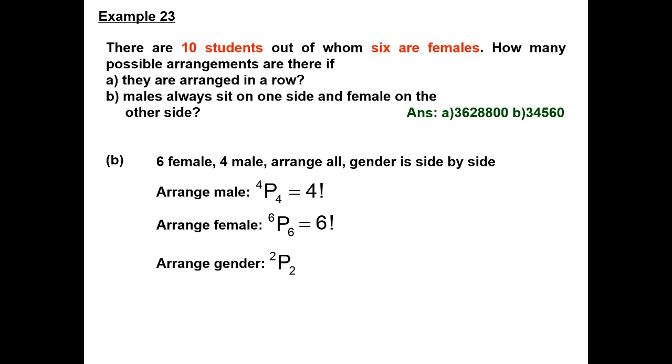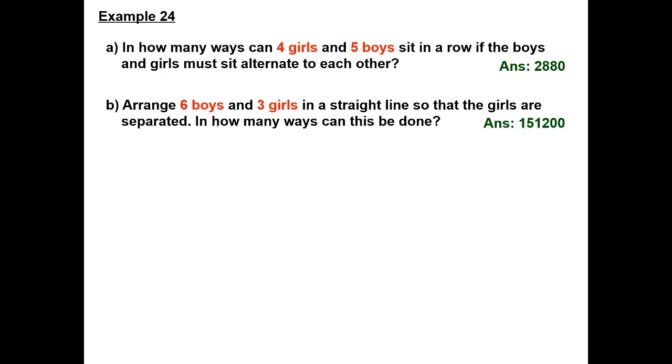It's either we arrange the male first, then the female, or the other way around. We will get 2p2, which is equal to 2 factorial. So the final answer is 4 factorial times 6 factorial times 2 factorial equal to 34,560.